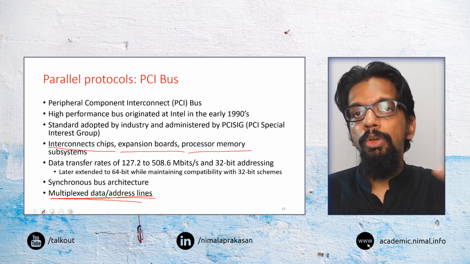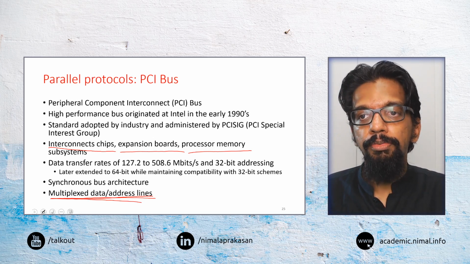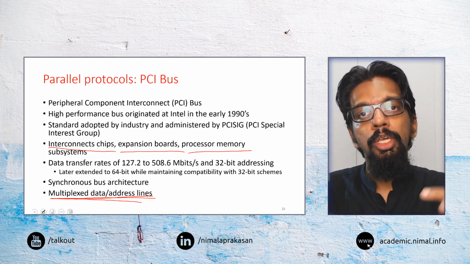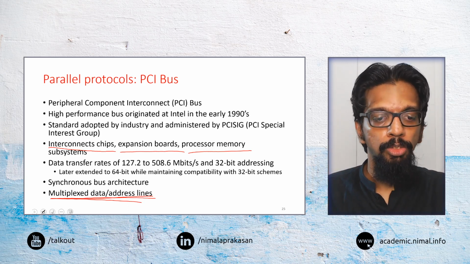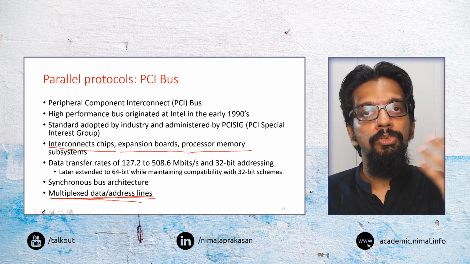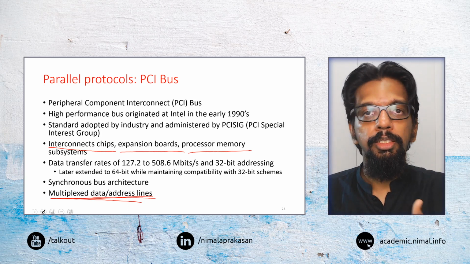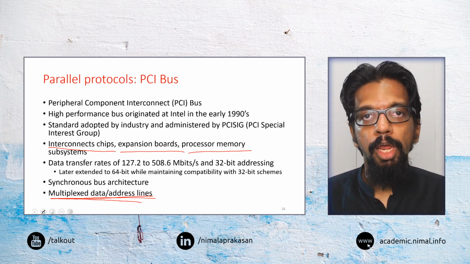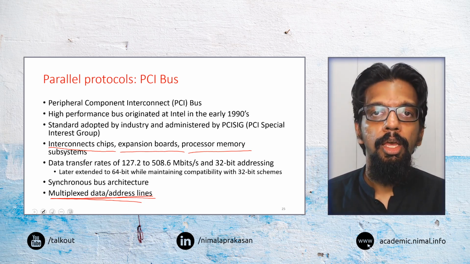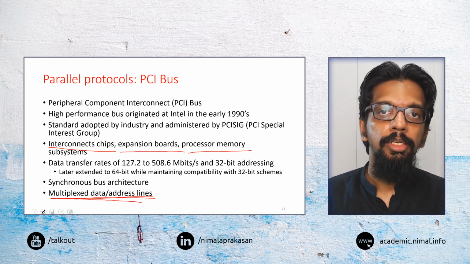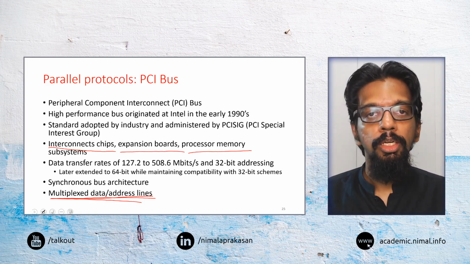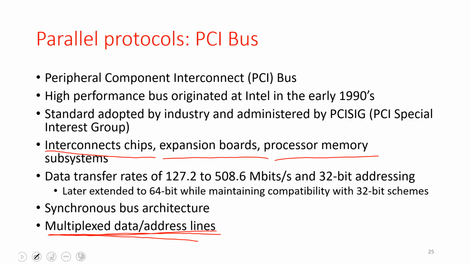If you recall from the previous lesson of interfacing, we may be able to use some bus lines for multiple functions. So here it can be multiplexed for data lines as well as address lines at different times. So that is an approach that we can take in parallel communication.